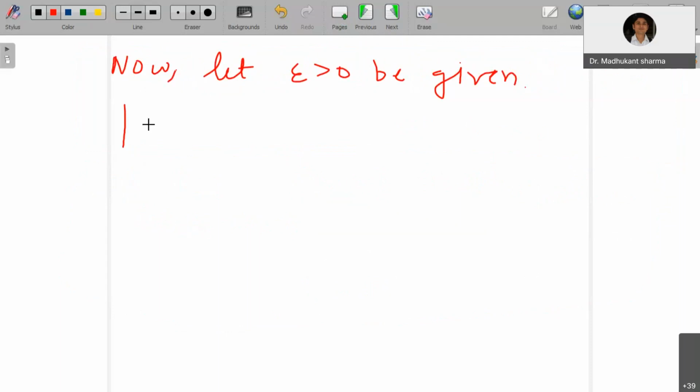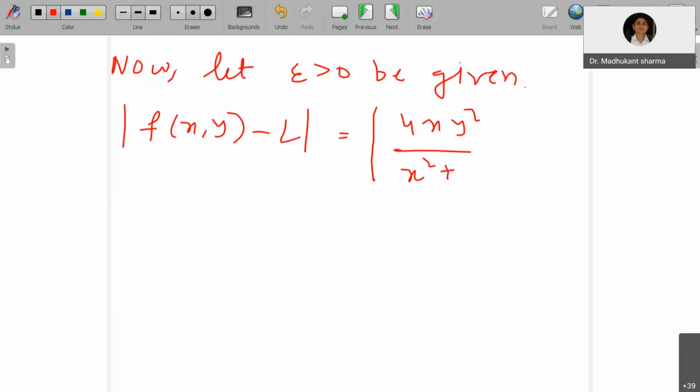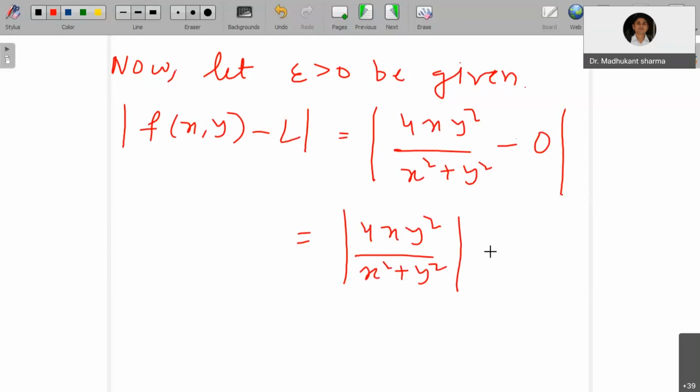Now, mod of f of x comma y minus L is equal to mod of 4xy square divided by x square plus y square minus L. L is 0, so that is equal to mod of 4xy square by x square plus y square. That equals 4 times mod x times y square by x square plus y square. I don't need to put mod here because this is already non-negative.